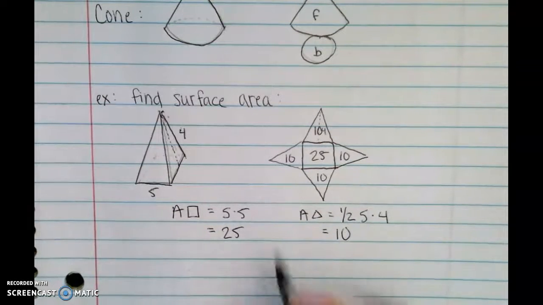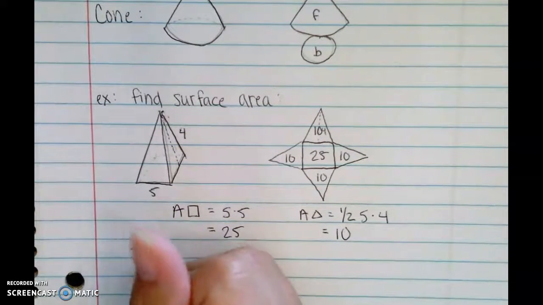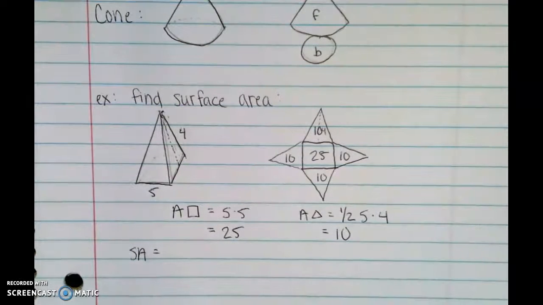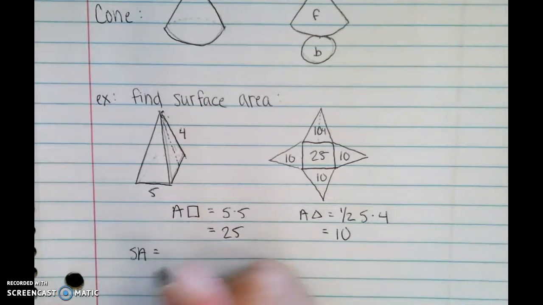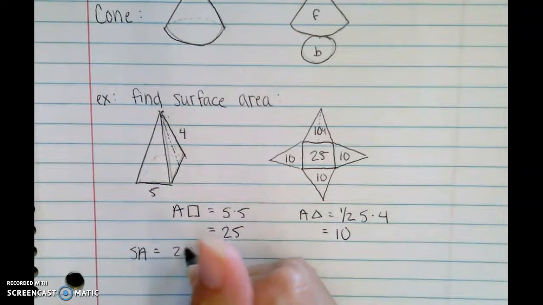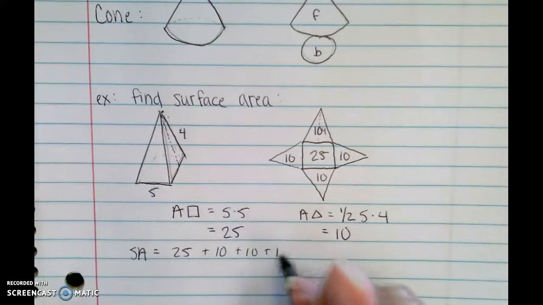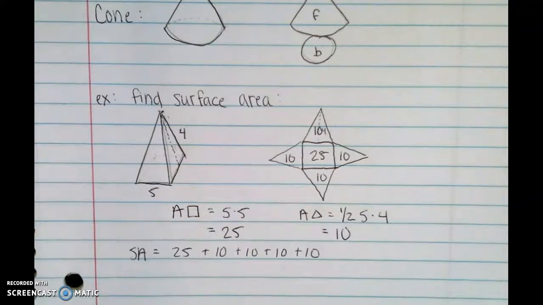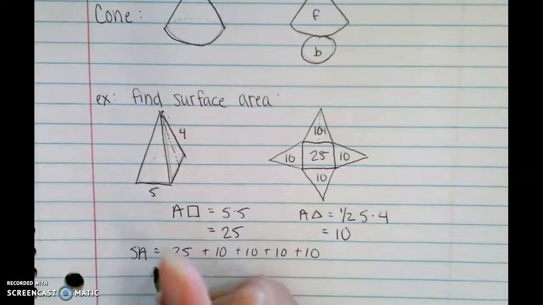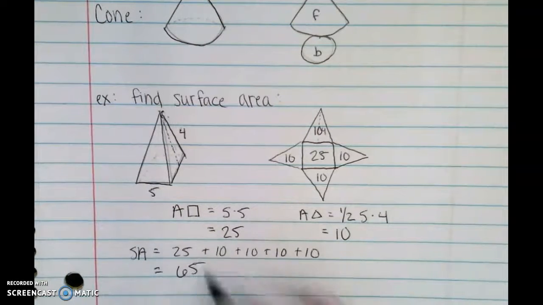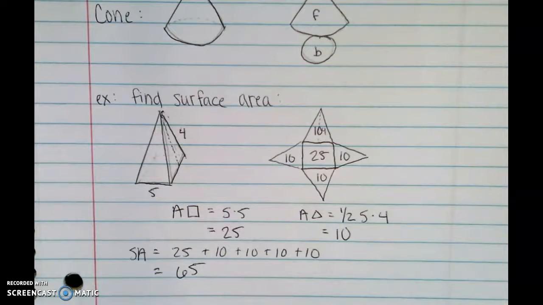So to find the surface area, we add the base plus the faces. So we're adding 25 plus 10 plus 10 plus 10 plus 10. So we've got 40 and 65 all together. So the surface area of the shape is 65.